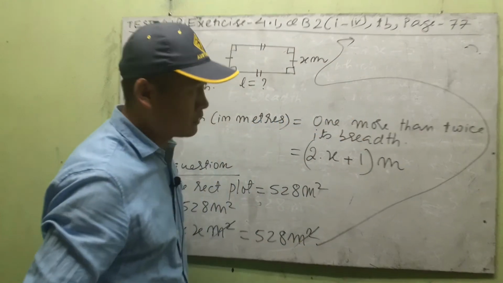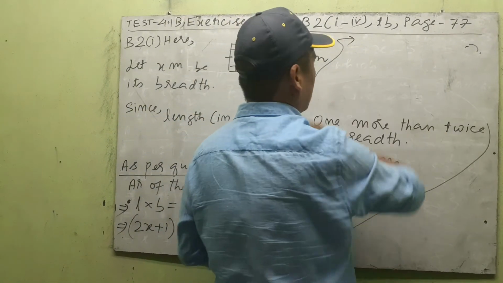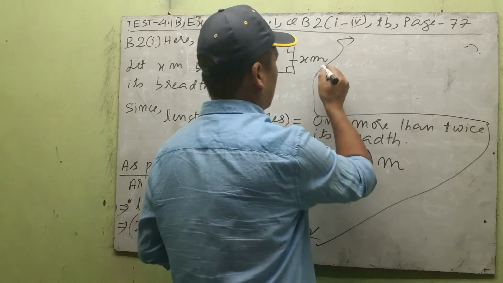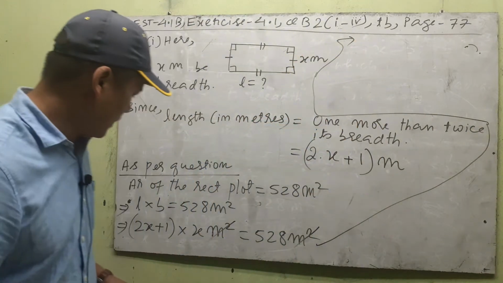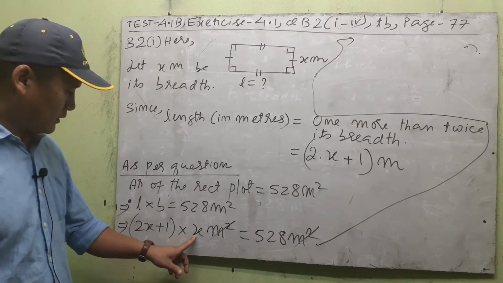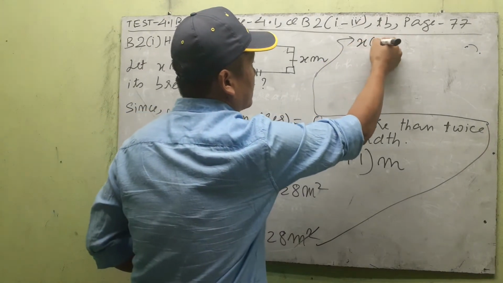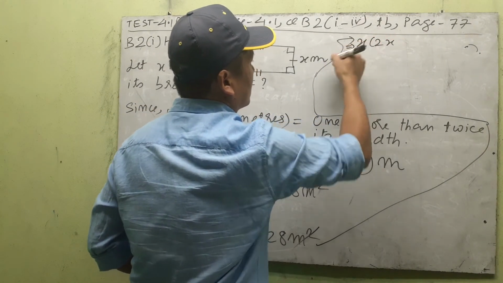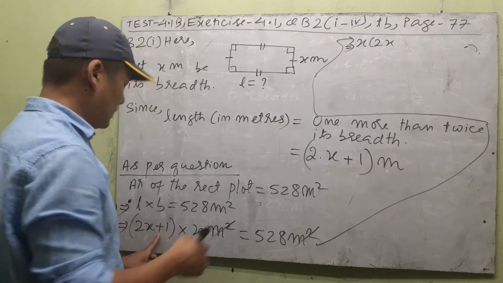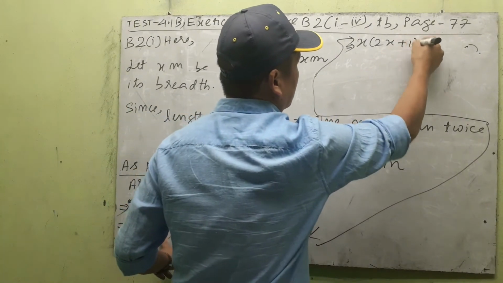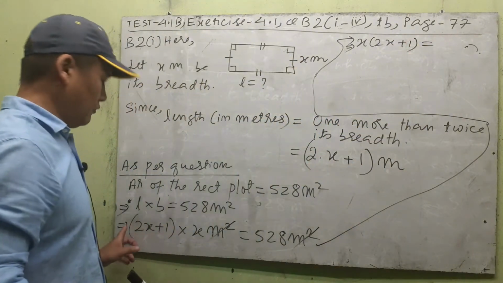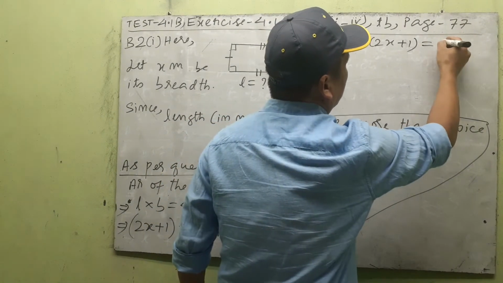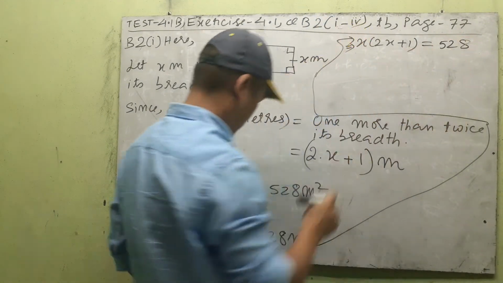Let's bring this x in front now. x into 2x plus 1. To make it convenient, you bring the x in front if you want, then equal to 528, as you can see here.